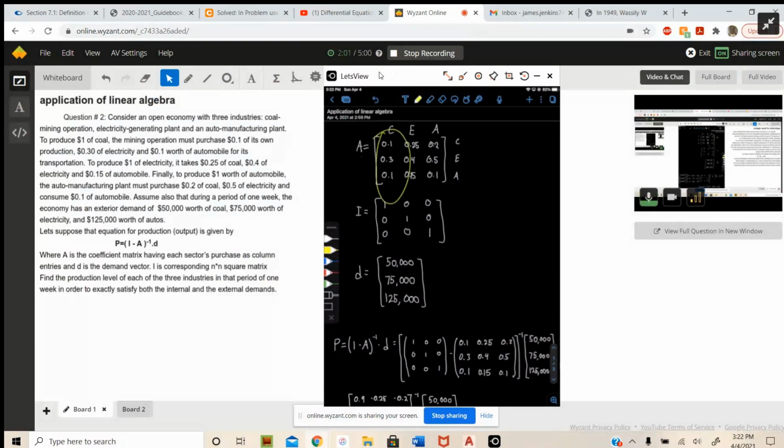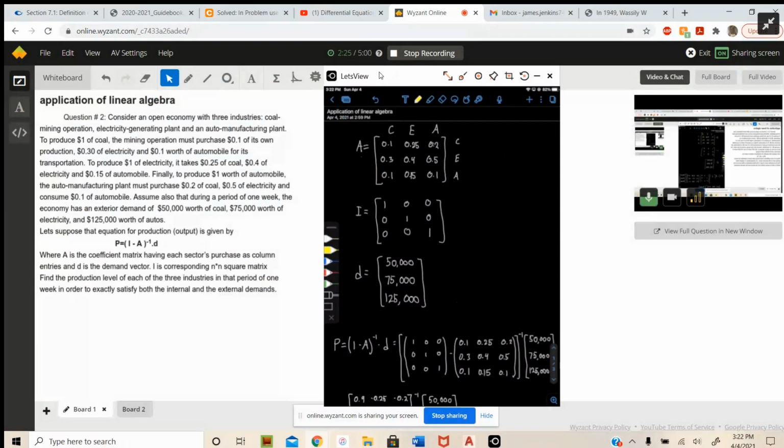So the coal industry has to purchase this amount of material from each of the other industries in order to produce $1 of its own product. This goes for electricity and also automobile. So this is the matrix A.